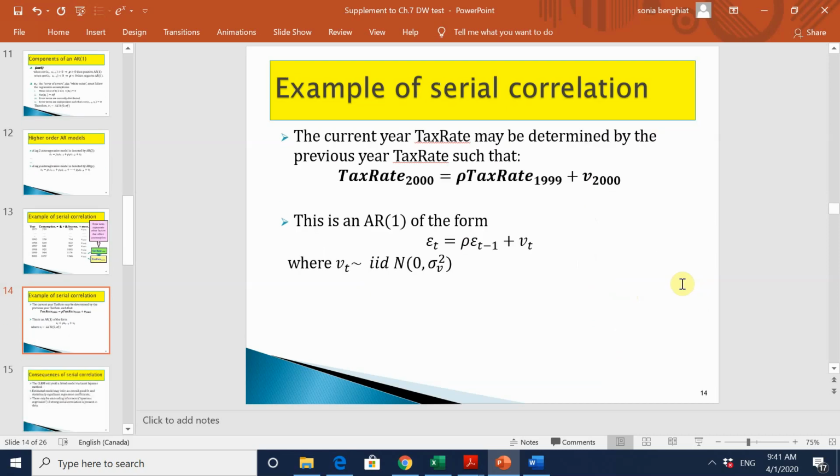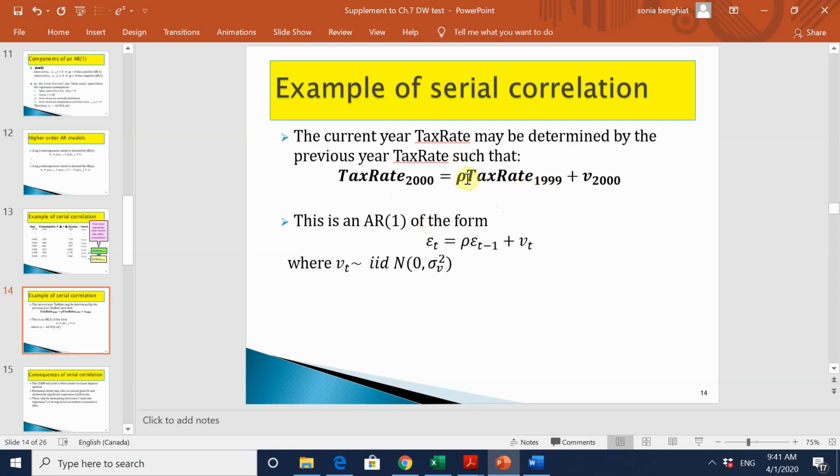So in that case, we can break down the error term into its different components using, of course, a first order serial correlation model or first order autoregressive model. Okay, so in this case here, we say that the tax rate of a given year is linearly equal to the correlation coefficient of the tax rate at year t versus the tax rate at year t minus 1.